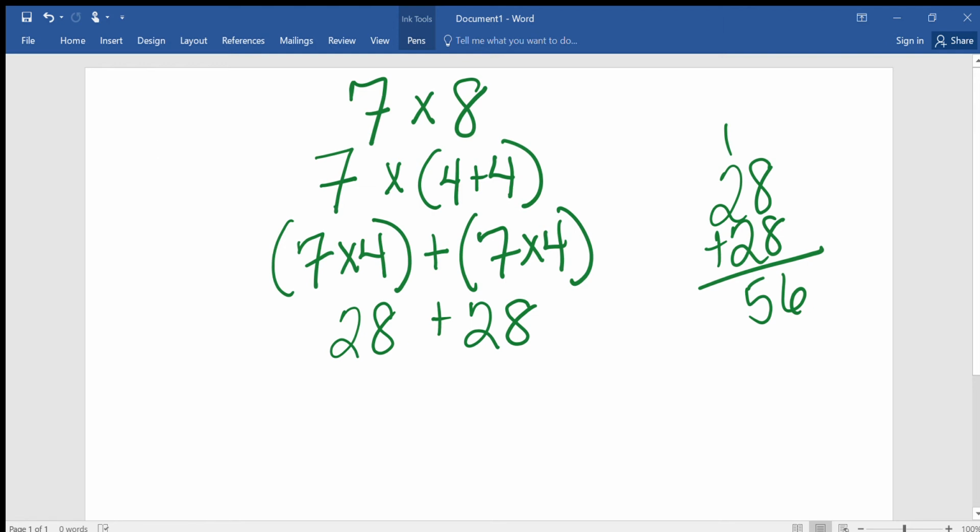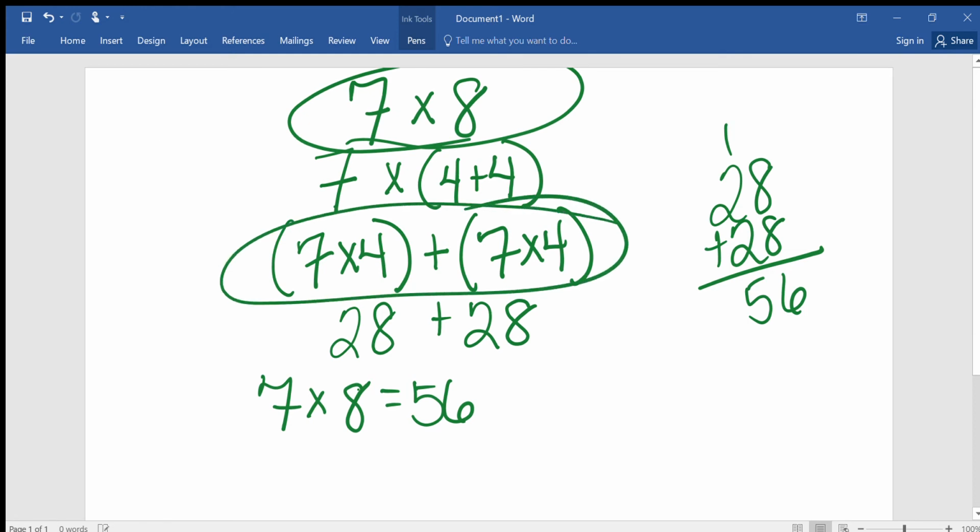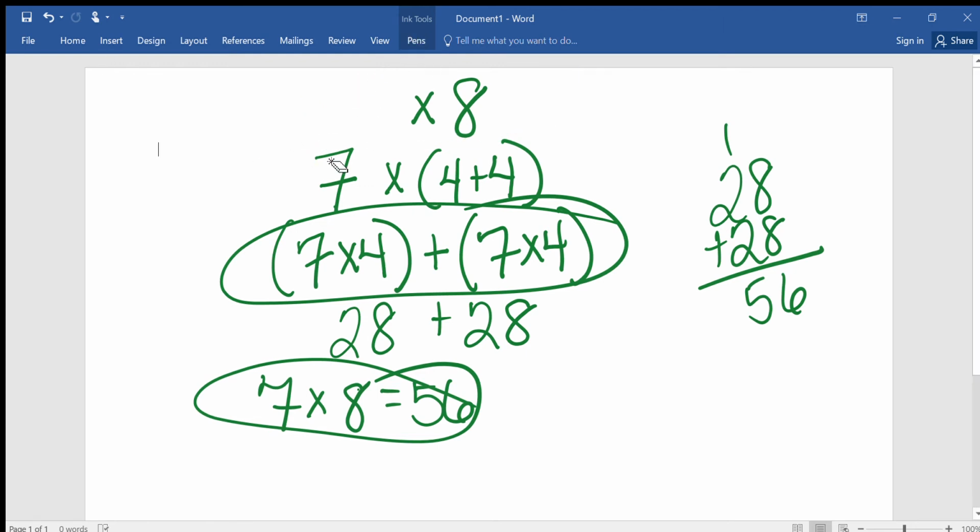So 28 plus 28 is 56. So that means that 7 times 8, well, my 8 went somewhere, equals 56. We took 7 times 8, we broke it down to 7 times 4 plus 7 times 4, and we got 56. All right, good. Go ahead and erase.